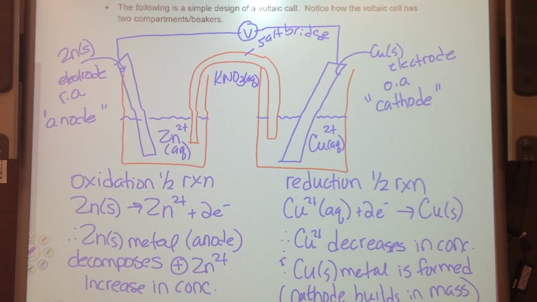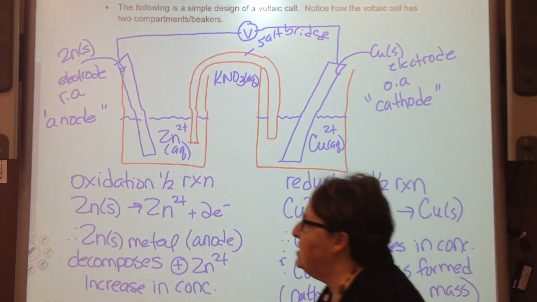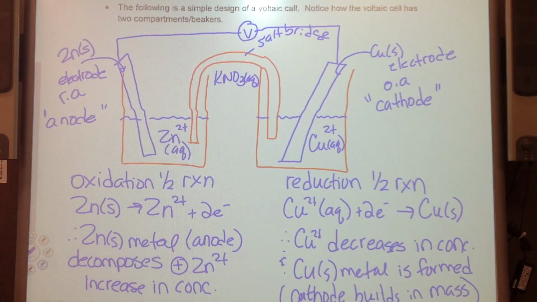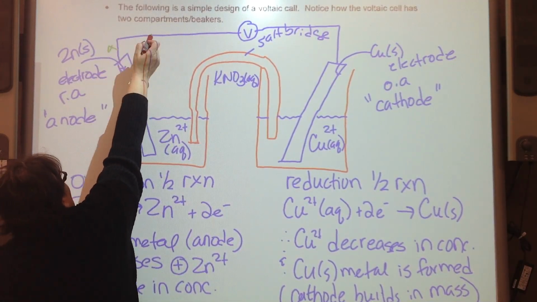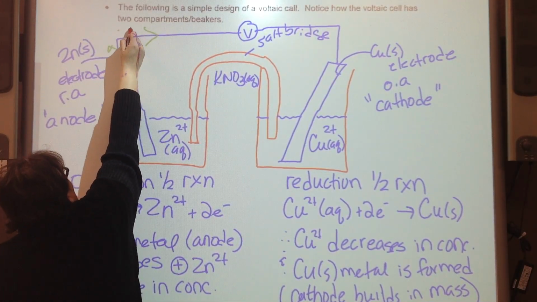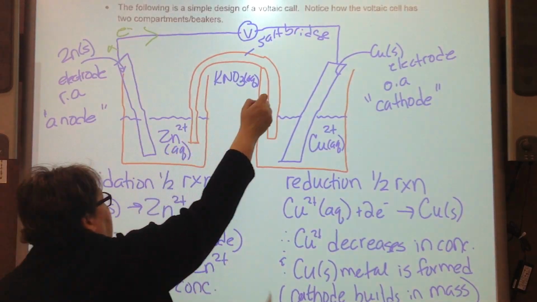So if we have the anode and this is the cathode, this is where we draw on our physics knowledge: which way are the electrons flowing? Remember, chemical energy to electrical energy. Negative to positive. Negative to positive. Okay? So the electron flow is going to be this way. Whoops, my board's off. The electron flow is going to be this way.